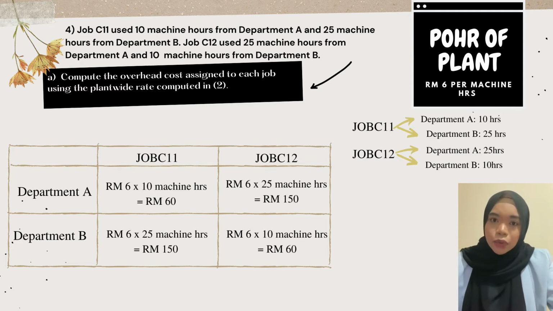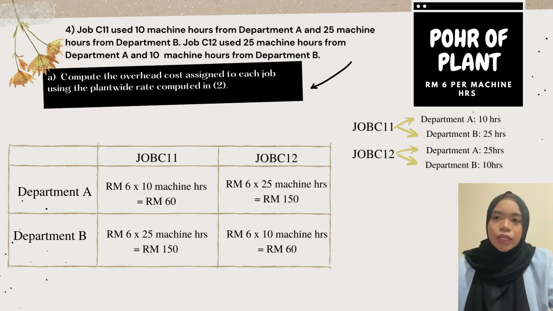In this question, as you can see in the slide, I already separated job C11 and job C12 according to department, so we can see clearly the hours used by each job. For Department A in job C11, we compute the overhead cost assigned by multiplying the predetermined overhead rate by the hours used.